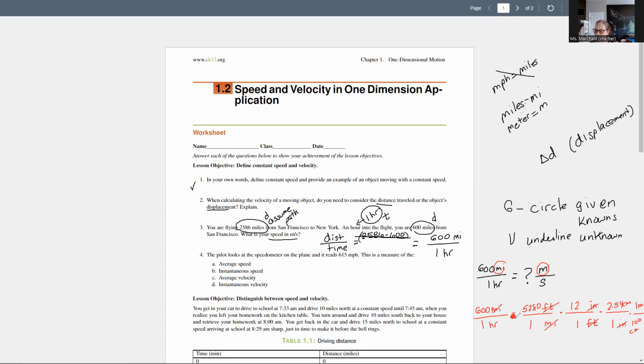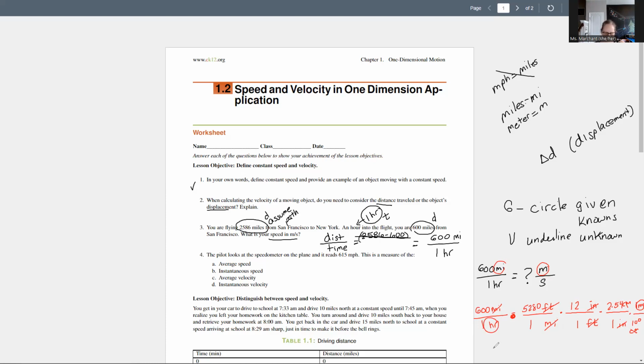I'm doing the full out one, having the minimum number of conversions that you had to memorize. But if you have feet and meters, yes, use the feet and meters one, and you can add feet and meters into your situation. So when we get done with this calculation, we're going to have meters per hour.